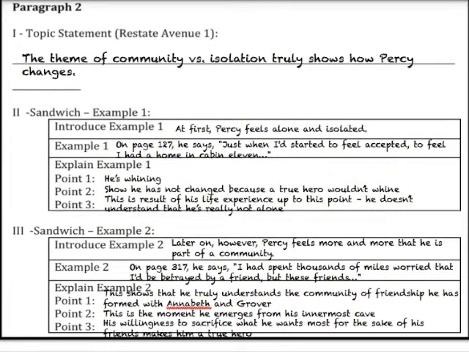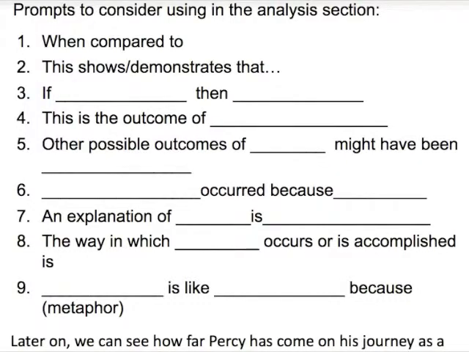And I want to once again refer you to these prompts, a few pages after the outline, on page 18, I think, of the notes, which give you some ideas about how to start your points of explanation, points of analysis, if you can't think of anything. So you can say when compared to, or this shows or demonstrates that, or if this, then that.